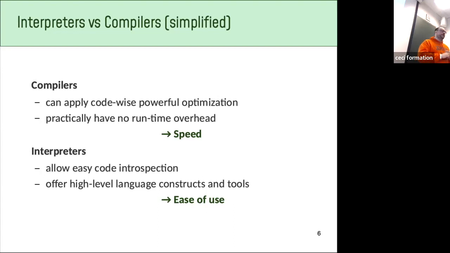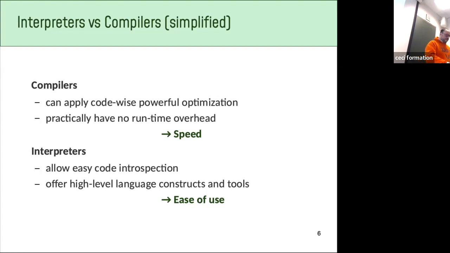While interpreters allow easy code introspection, because since they read line by line, you can inspect the objects more easily than with a compiler. And most of the time, they also offer high-level language constructs, because they are much more flexible in terms of objects or data types.